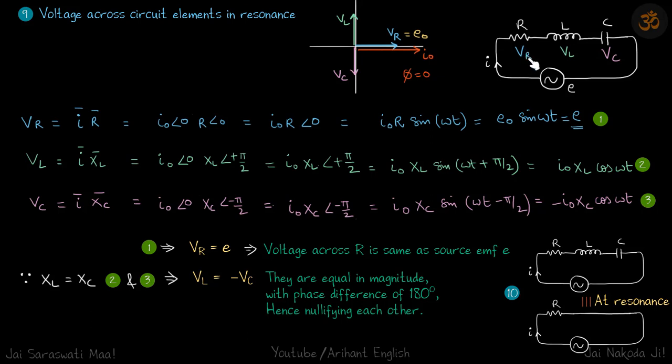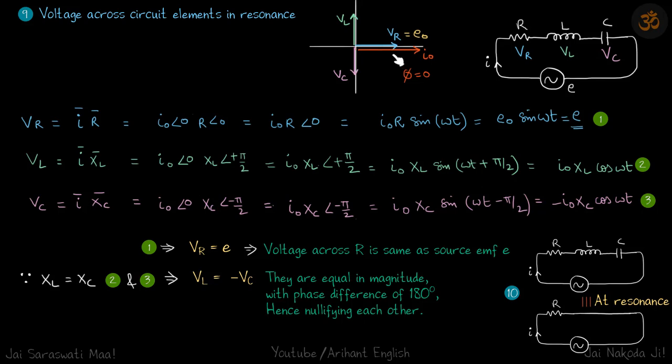Across this is VR, across this VL, across this VC, and let us get this mathematically also. VR is equal to IR, and the phase angle is 0, so I is I naught at angle 0 and R is always at angle 0. So this becomes I naught R at angle 0. So I naught, VR and E naught, all three are in the same phase.